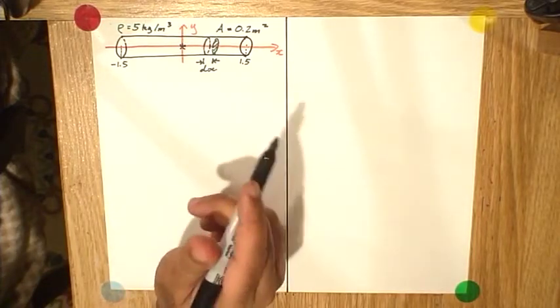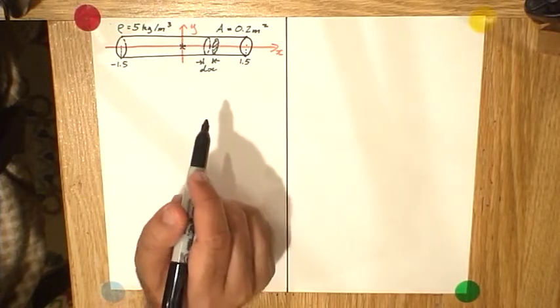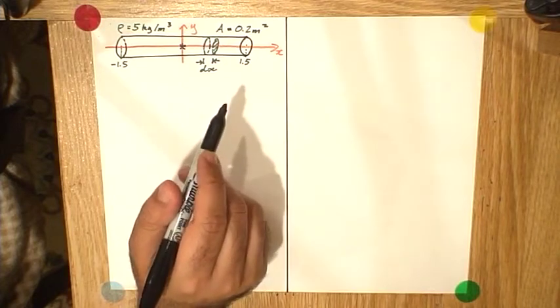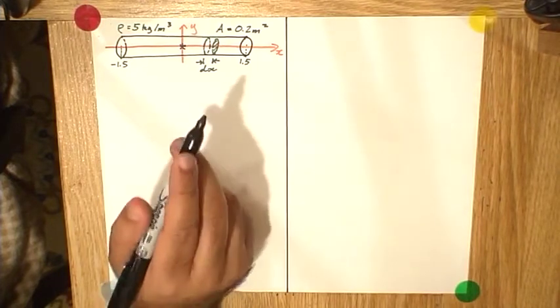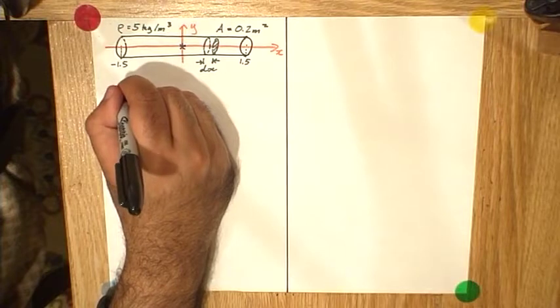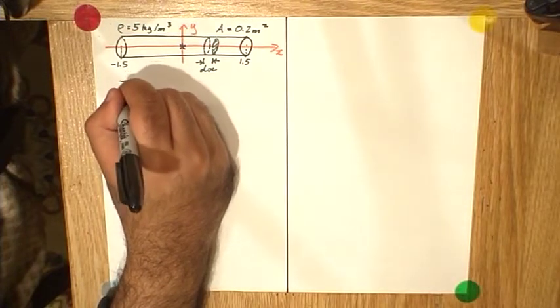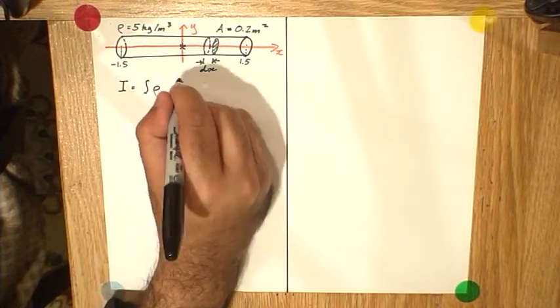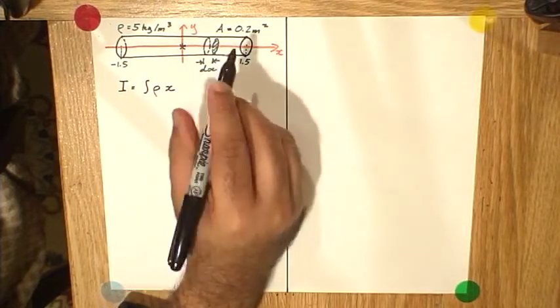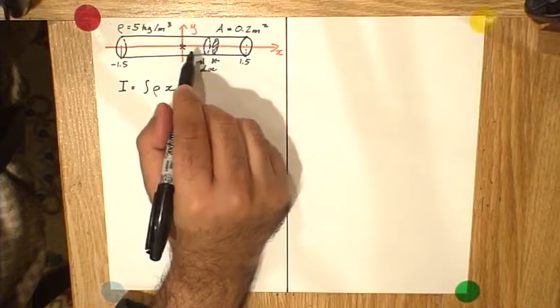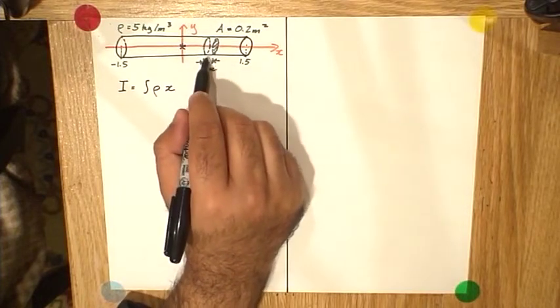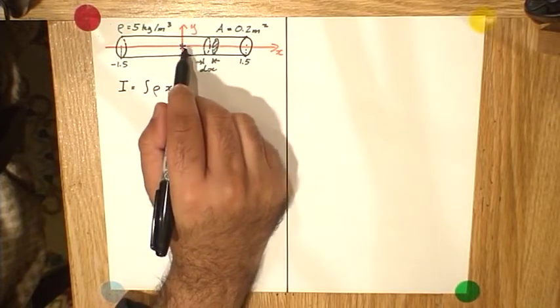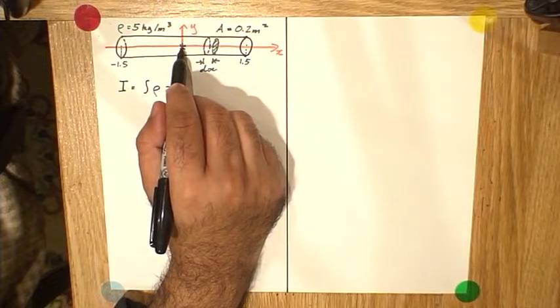Now, let us start applying our equation for moment of inertia. Moment of inertia is equal to the integral of density times x squared, where x stands for the distance between our infinitesimal slice and the center of rotation.